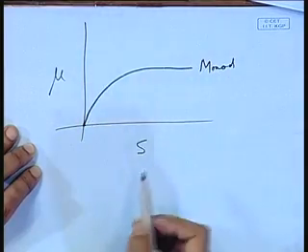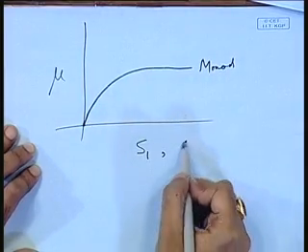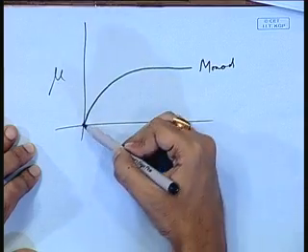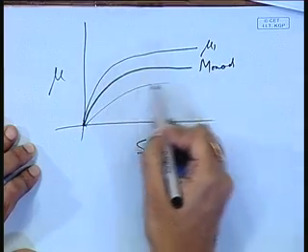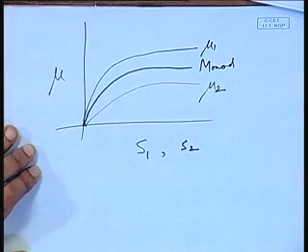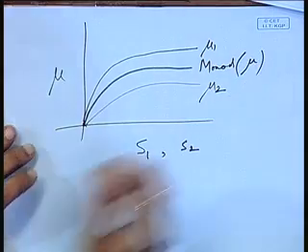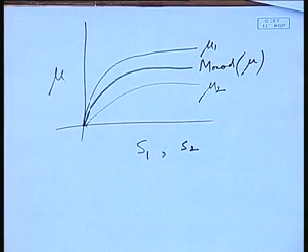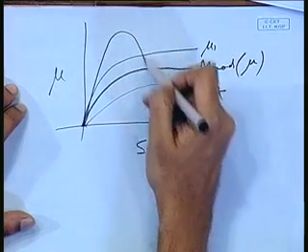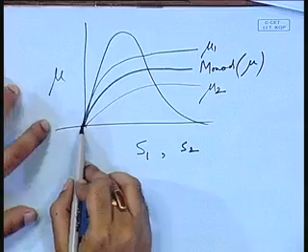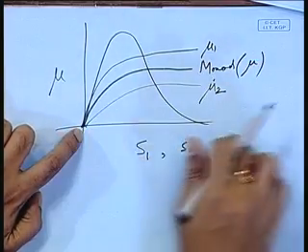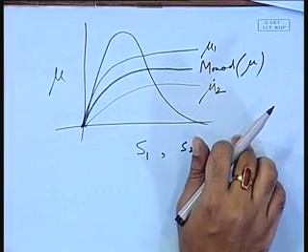So, for multiple substrates you will have S1 and S2. Okay. So say mu1 is something like this, mu2 is something like this. For multiple, this is mu. So how is this one going to vary? Yeah, so it will go through a maximum and then go down to 0. So this one starts at 0 and saturates. This one starts at 0 and goes to 0 through a maximum.